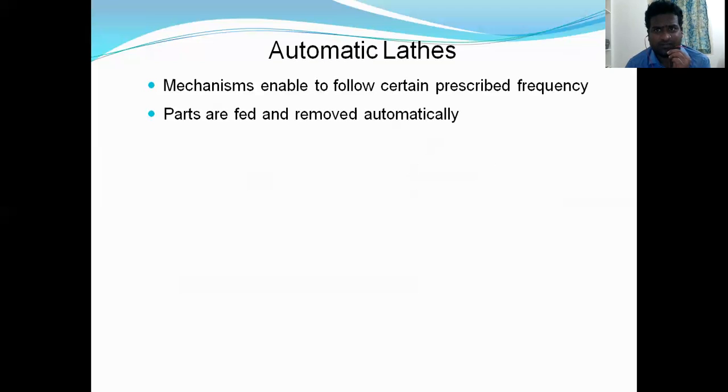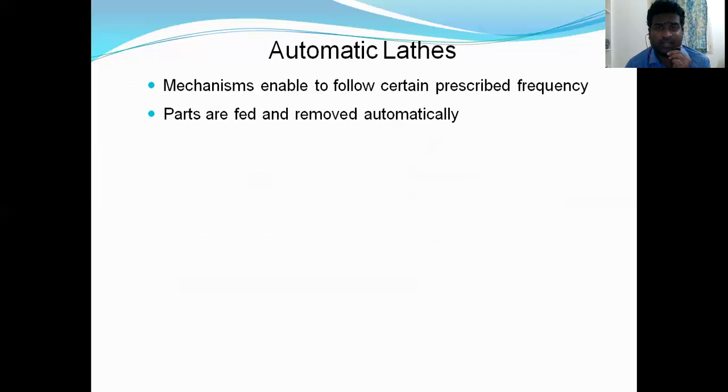For that reason, we set some frequency, and only with that frequency the mechanisms follow and do the machining work, right? Otherwise, mistakes happen during the machining operation. And the parts are fed and removed automatically.